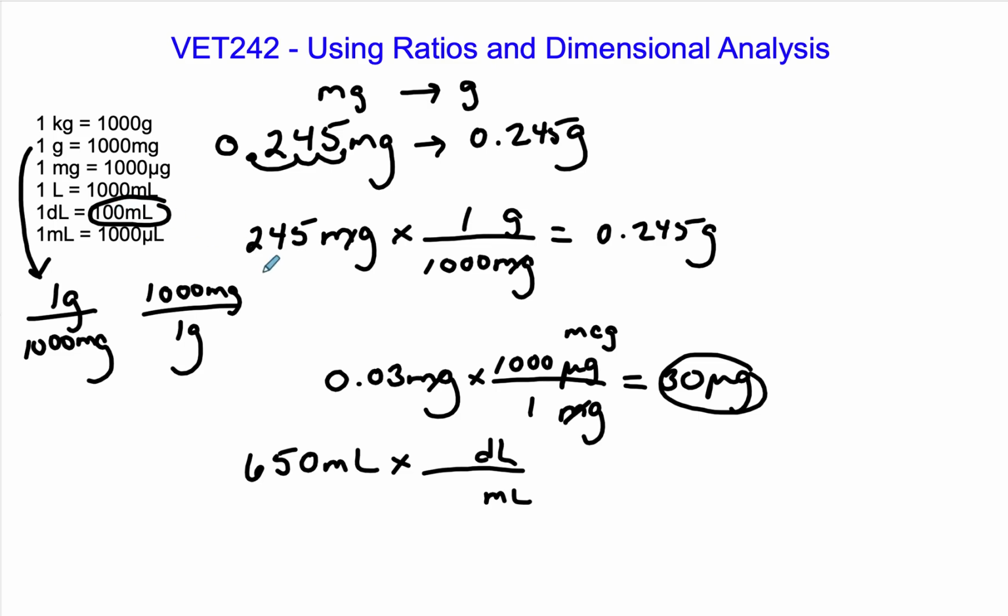We know that there are 100 milliliters in a deciliter, and therefore we know that we're going to go ahead and divide by 100. And then our answer, our mils cancel out, is going to be 6.5 deciliters. In this case, we were still going from small to big, so we moved that decimal place to the left, but we only are moving it 2 places because there are 100 milliliters, not 1,000.